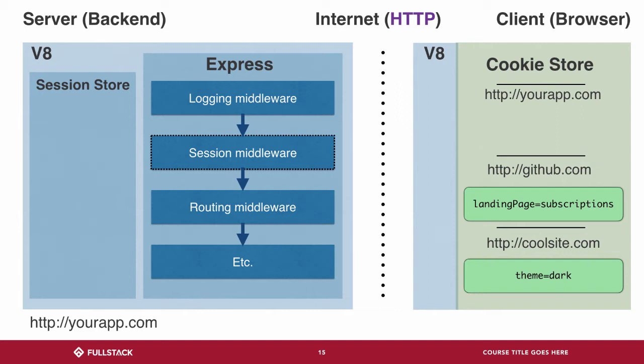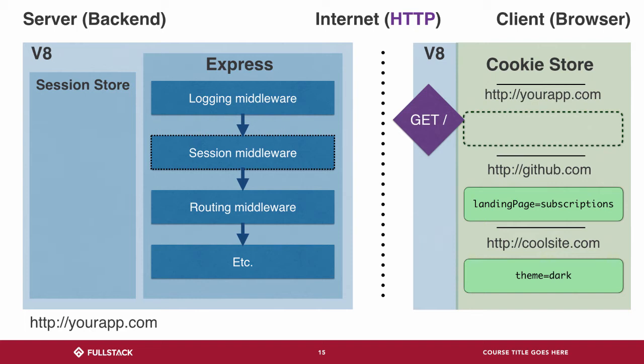Let's just say that this is an in-memory store of users that are logged into the application. On the client side, you see there are cookies that have been set by GitHub, and cookies that have been set by some other site. And we've got our application, which hasn't set any cookies yet. So let's say that the client makes a GET request to our server.